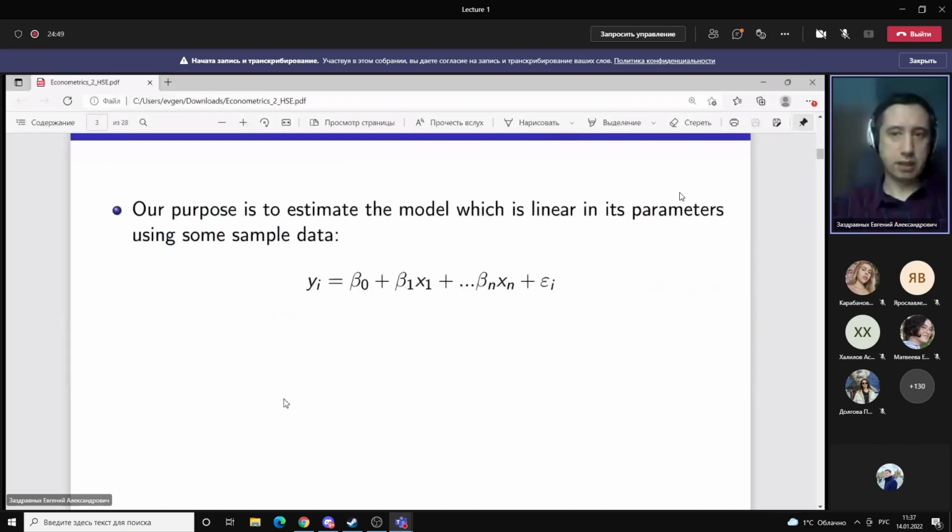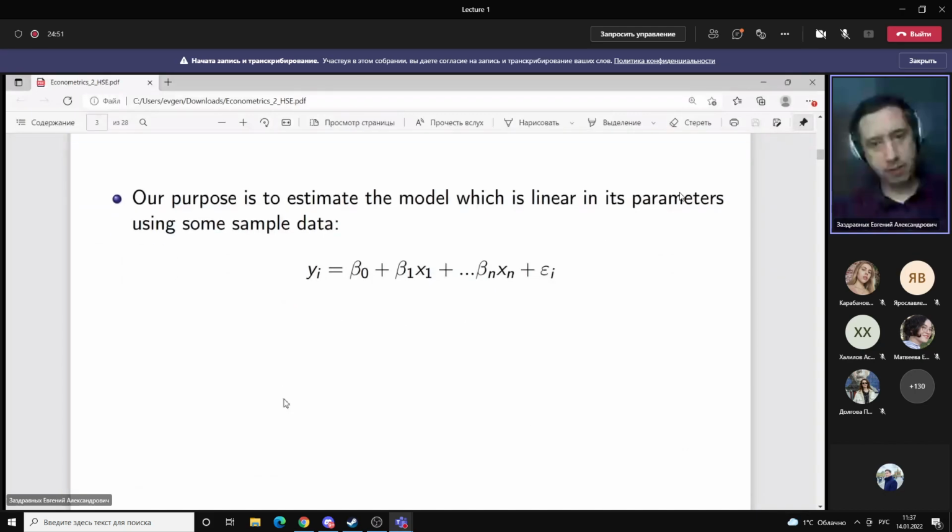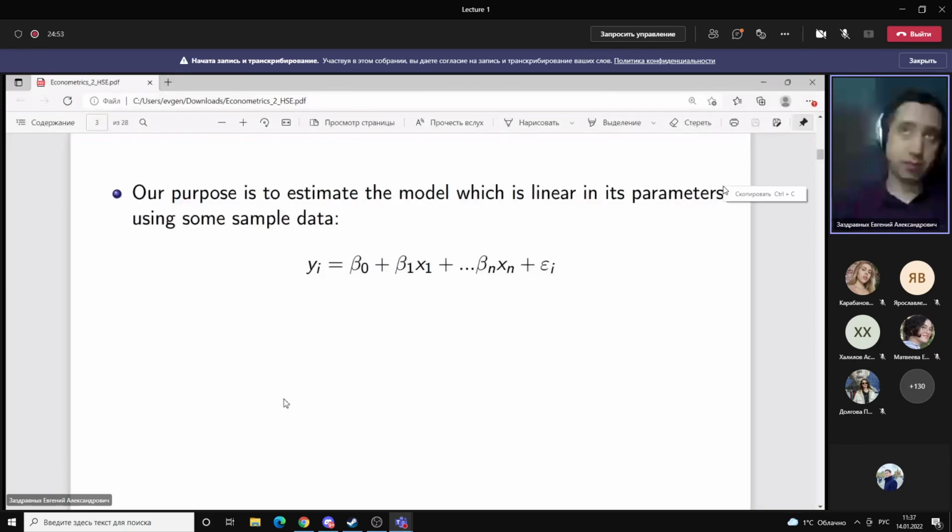So you know that in Econometrics 1, we try to estimate a linear regression. It looks like a linear equation, and your dependent variable looks like a combination of observed variables and some unobserved error term.